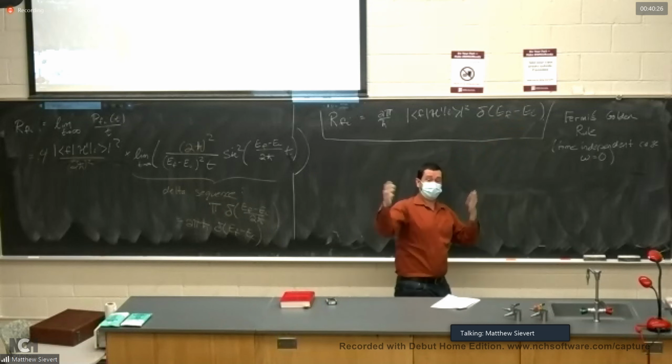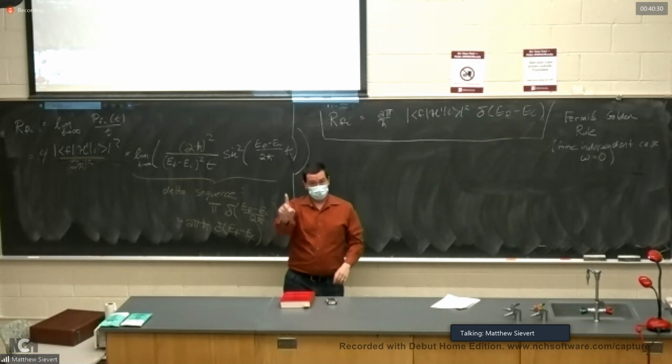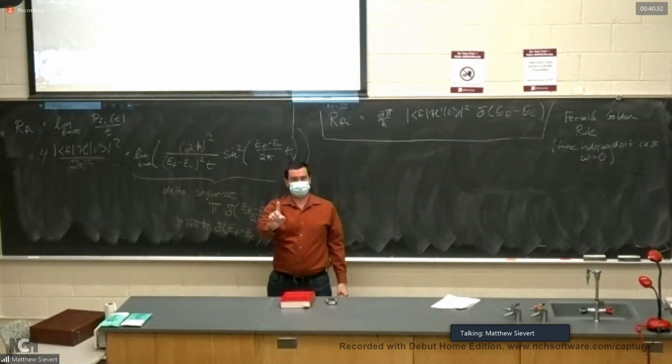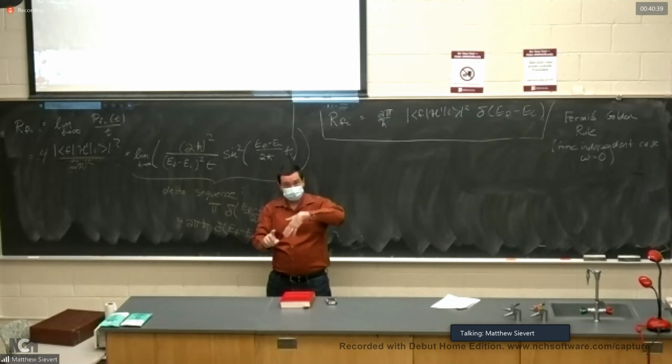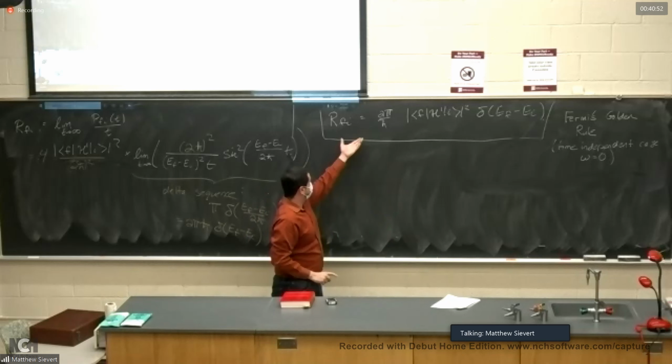But I can still have transitions between degenerate states. So if I start off in one perfectly good eigenstate, which is degenerate with some friends, I have a little perturbation. I'm not allowed to jump to any other excited states. But if I cause a transition from one degenerate state to another degenerate eigenstate, then the probability flows out of the initial state into the final state, and it does not have to flow back. That's what this is telling us.